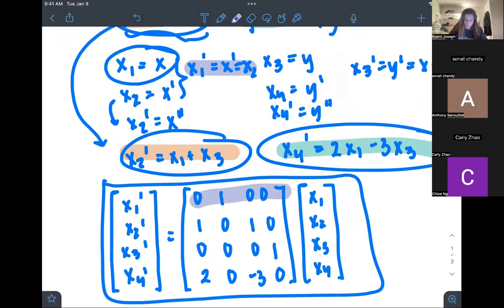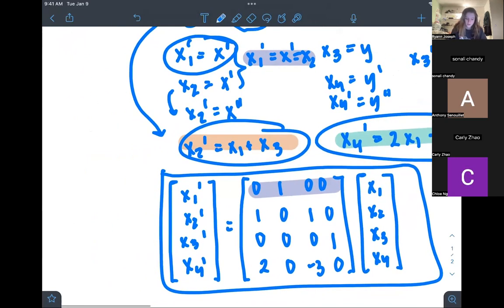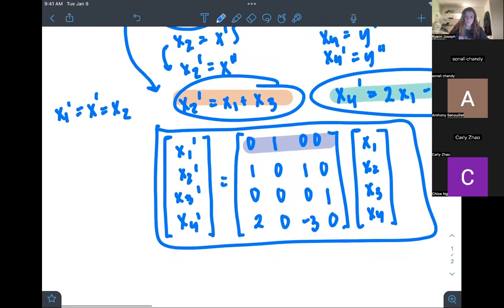So in order to make this a true system, we know that x1 is equal to x. I differentiated both sides, and I know that x prime is equal to x2. So therefore, x1 prime is equal to x prime is equal to x2. That is what is in row 1.